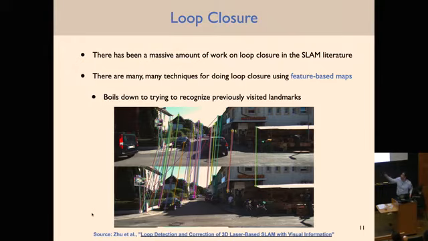But basically, if you can recognize that you're visiting some previously visited location, if the visual features in the environment look pretty similar, even if the exact viewpoint is not the same, you can do feature correspondence. You can correspond portions of the current image to portions of a previously visited image, and use that information to help loop closure.